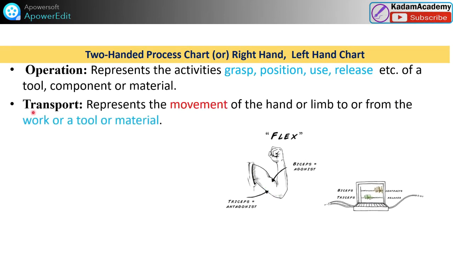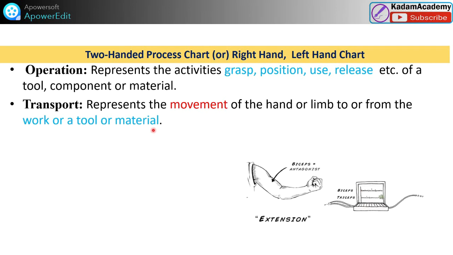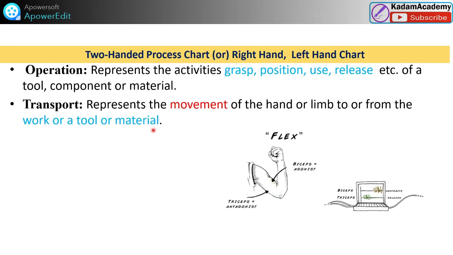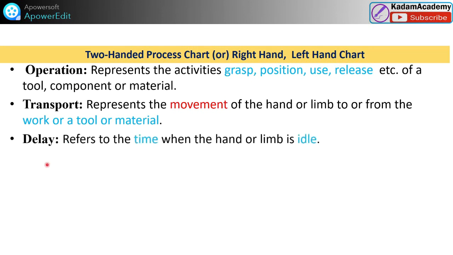Transport here means movement of the hand or limb to or from the work, tool or material, or picking up the material and the tool or the work, doing the work. That is transport. We have to represent it by the transport symbol.